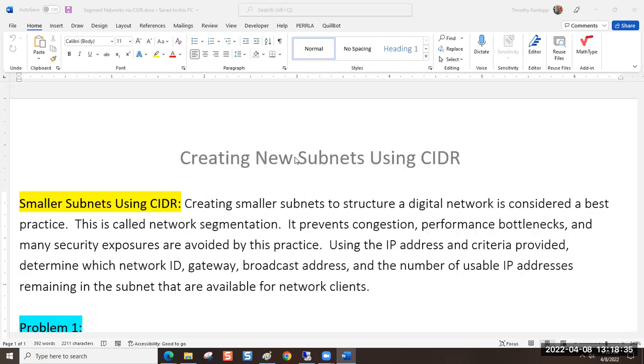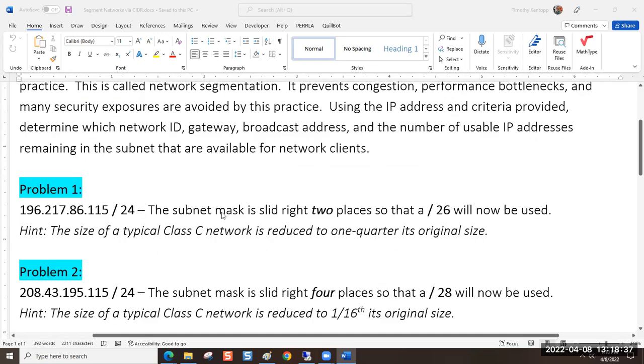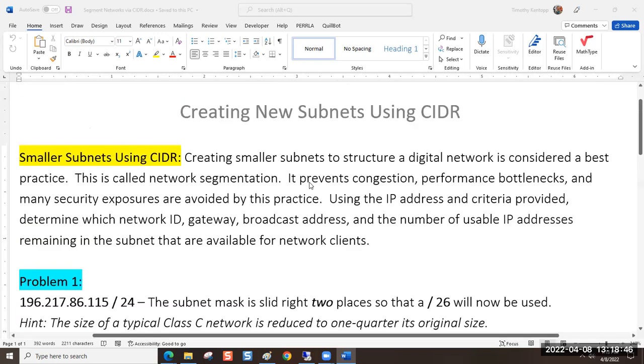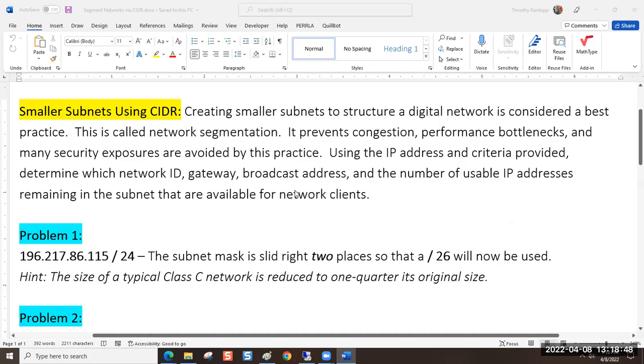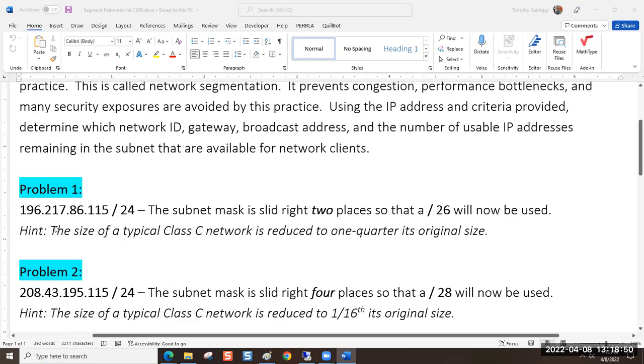Okay. So what we have is a case where we have several problems and you're supposed to use the CIDR templates in order to calculate the answer for each of these. And you got to understand the size of a typical Class C network is reduced by 1/4 its original size.